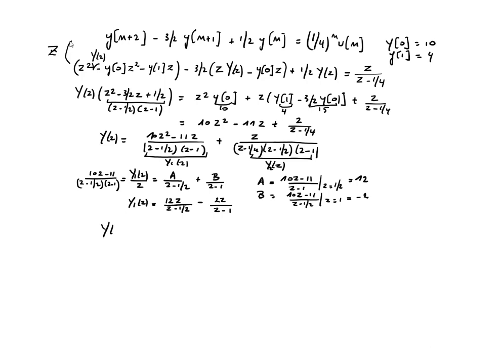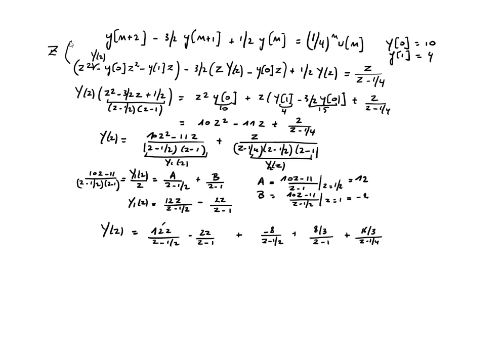I'll leave you the exercise, but you'll have, well, 12z over z minus a half minus 2z over z minus 1, and then you'll have minus 8/3 over z minus 1, and plus 16/3 over z minus a quarter.